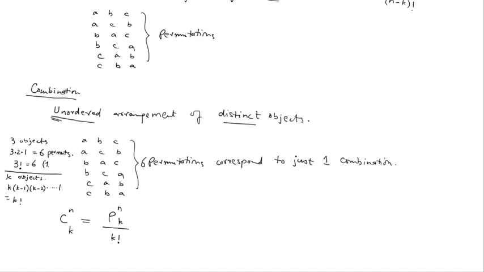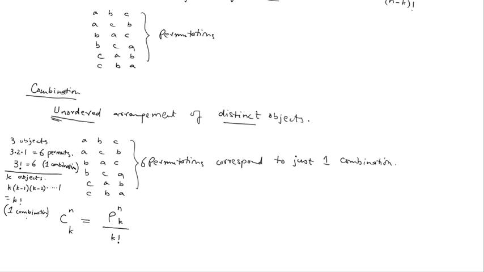We said it's just one combination because the objects are the same and we don't care about order. Similarly, for k objects, these k factorial different arrangements for us are the same one combination. Do you understand that?